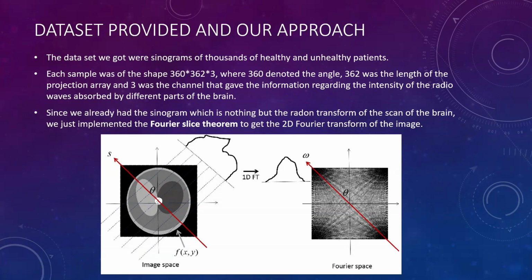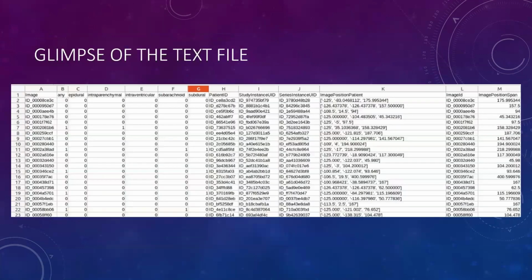So we use this Fourier space as our feature. We also had a different text file, which had all the training data, testing data, and validation data. It had both the image name, that is the sinogram's name, and the ground truth, which indicated whether the brain was healthy or unhealthy.